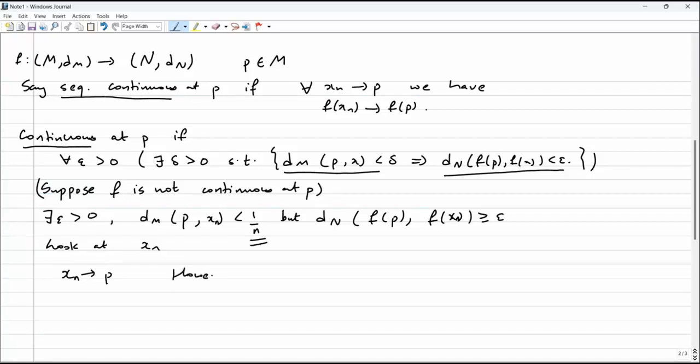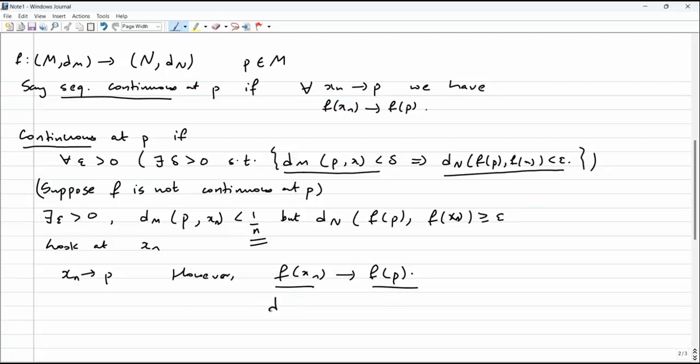However, does f of xn tend to f of p? Well, if f of xn tended to f of p, then no matter what epsilon we chose, we should be able to go far enough down the sequence that these two would be close to each other.